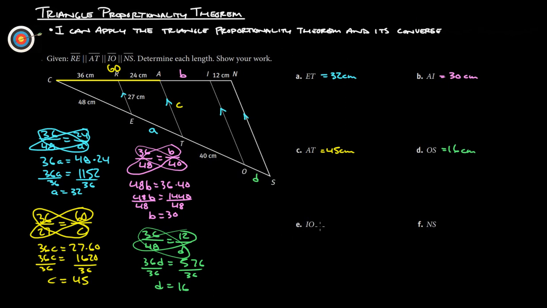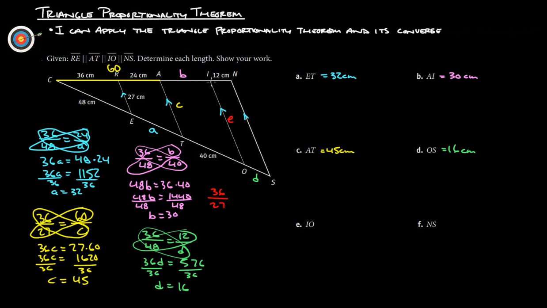All right, IO right here. This is E. So again, we cannot use triangle proportionality theorem. We've got to use triangle similarity, right? So we can do 36 is to 27. So this to this is the same as this whole side.